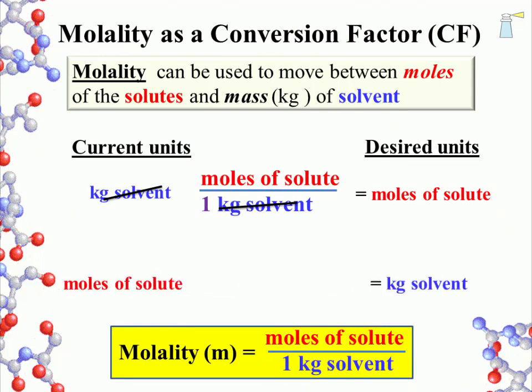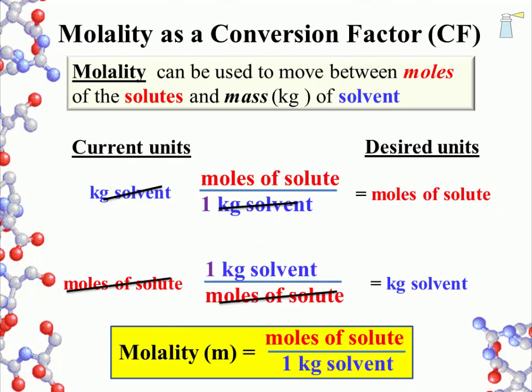Flipping that current and desired units around gives an arrangement where moles of solute are converted into kilograms of solvent. A flip of the molality is the conversion factor here, since units of moles of solute cancel out, leaving the desired units of kilograms of solvent.